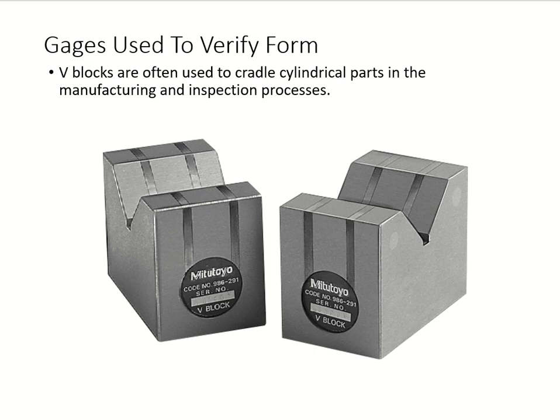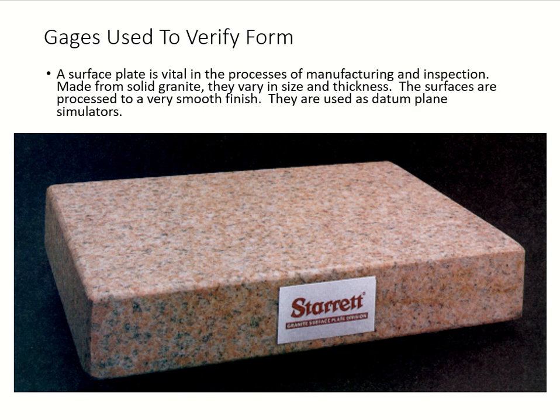You will see them all the time. This is a very well-known company, Mitutoyo, Japanese. Okay, gauges. And so this is your surface plate. It is very important in the manufacturing process, also inspection. Make sure everything is in the right specification and tolerance. It is made from solid granite, and they vary in size and also thickness.